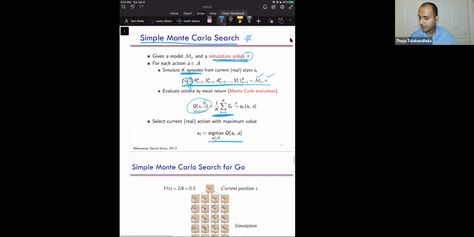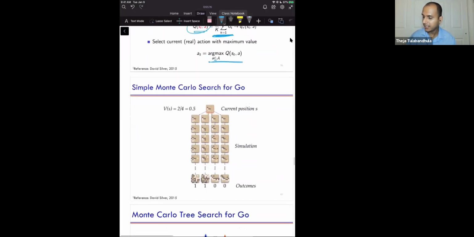Okay, here's a visualization. You're in the current position, some board state. Let's say you take an action A. From that action onwards, in this example K is equal to 4, so you can simulate 4 times what's going to happen. How are you going to simulate? You need access to a simulation policy, some default policy.